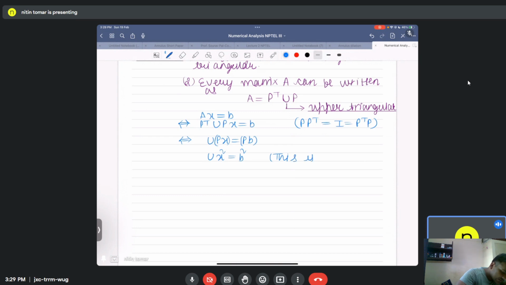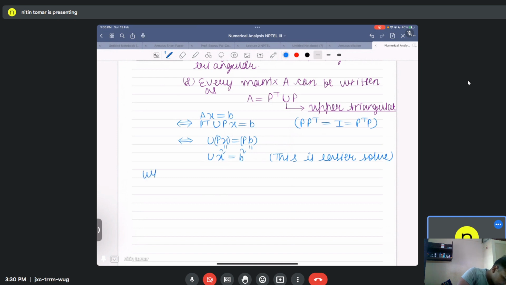This is easier to solve, correct? Yes, sir. This is easier to solve. And let's say you have found x tilde is this, b tilde is this.